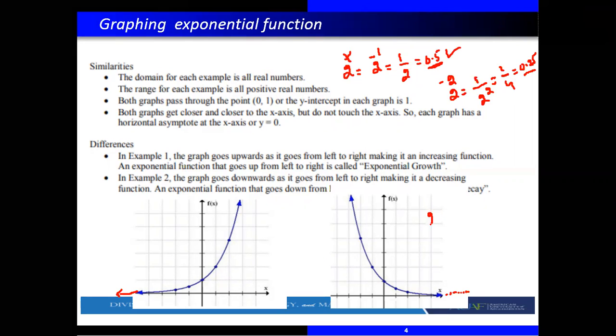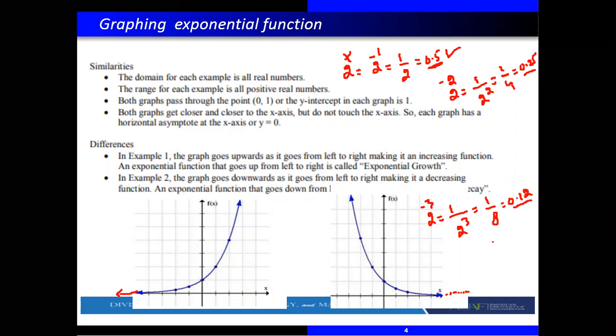If we have 2 power minus 3, that means 1 over 2 power plus 3, which means 1 over 8. If you divide 1 by 8, the result is 0.12. You can see this is reducing: the first one is 0.5, the second is 0.25, the third is 0.12.